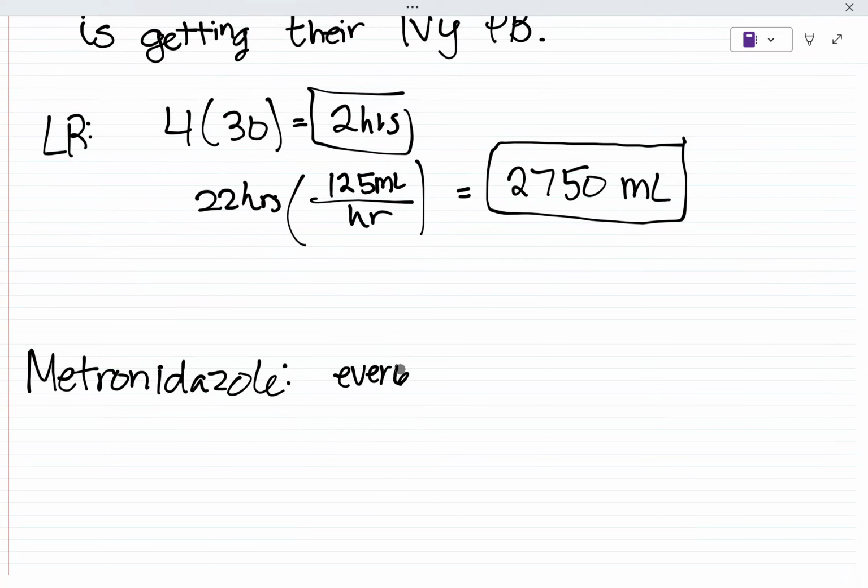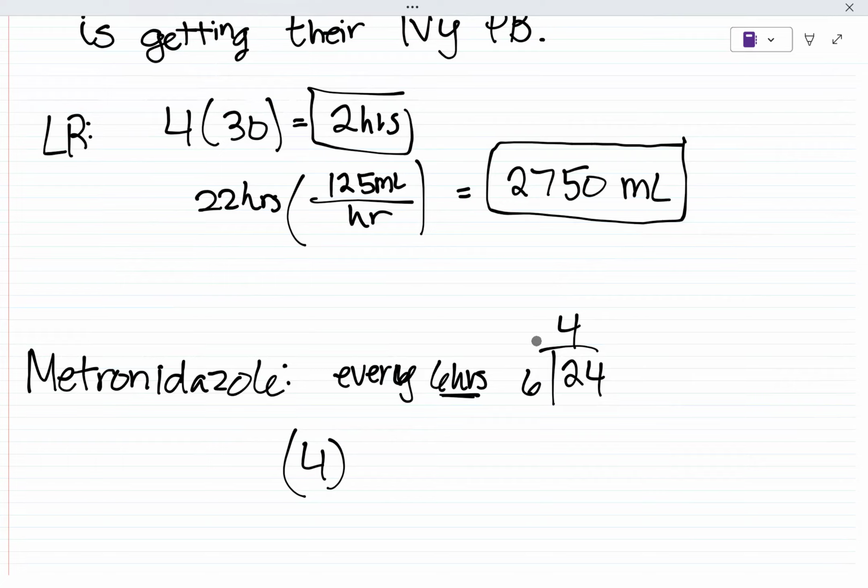So every 6 hours, and because we're doing it in a 24-hour span, it would be 24 over 6. That'd be 4. So you're running it a total of 4 times because it's running every 6 hours in a 24-hour period. So 24 divided by 6 is 4, and then times 100 milliliters, and you get 400 milliliters.